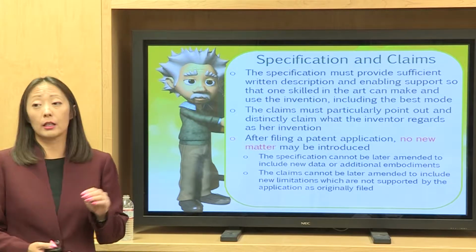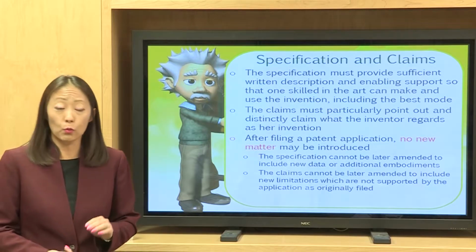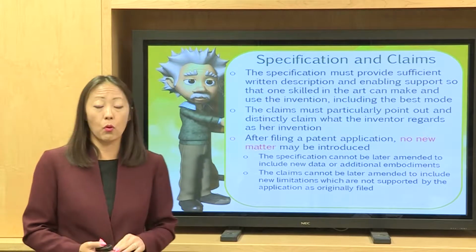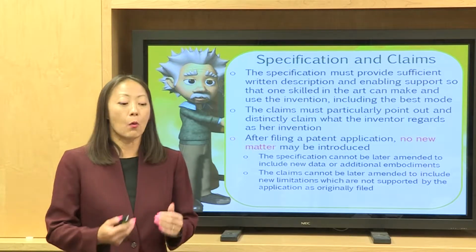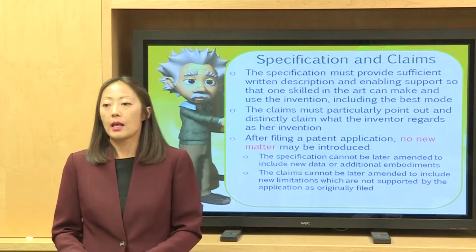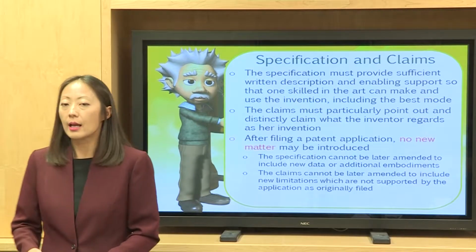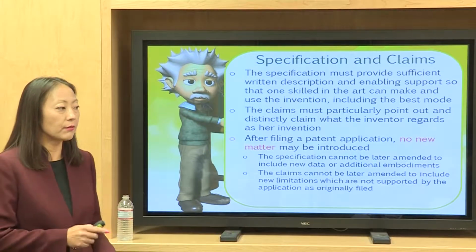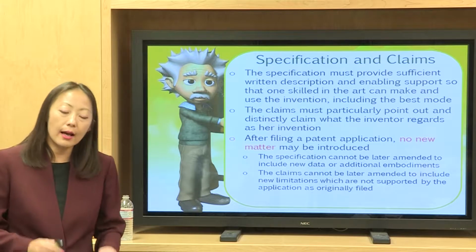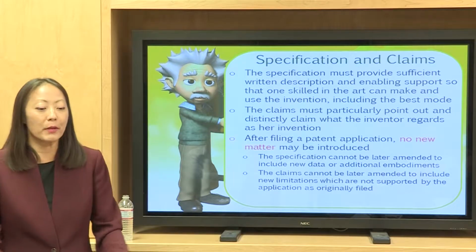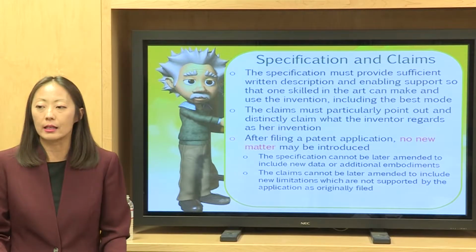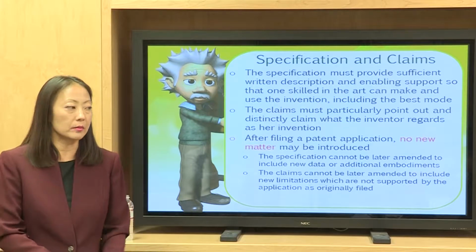Your specification and claims must have sufficient written description and enabling support for what you are claiming. And the most important thing is that after that patent application is filed, you cannot add information, material, or data to the specification or claims.